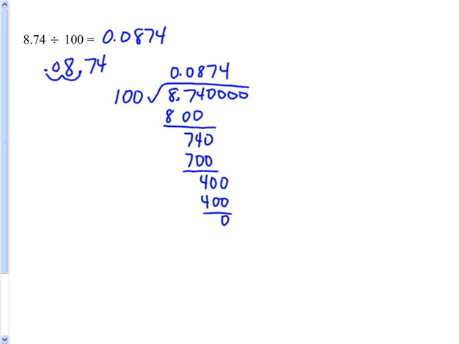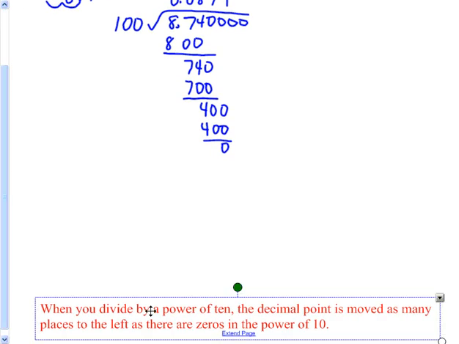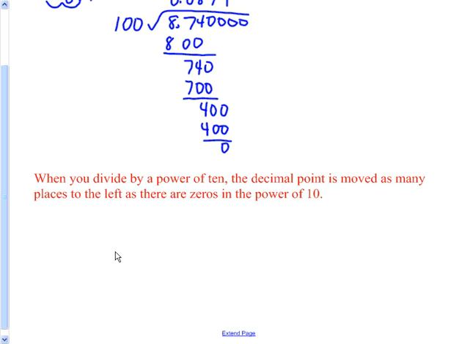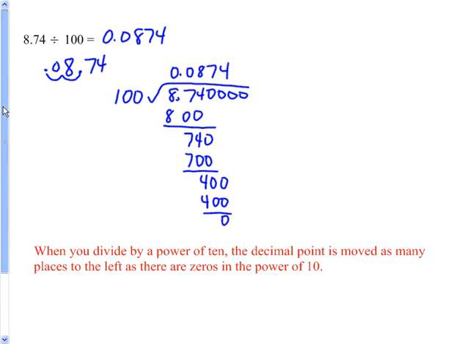So instead of doing it this way, what I consider to be the long way, what I want you to remember is anytime you are dividing by a power of 10, the decimal point is moved as many places to the left as there are zeros in the power of 10. So if I was to redo this and say instead of dividing by 100, I was dividing by 1,000, I would move the decimal place over 3 times as opposed to twice. If I was only dividing by 10, I move the decimal over once because there's 1 zero in 10.